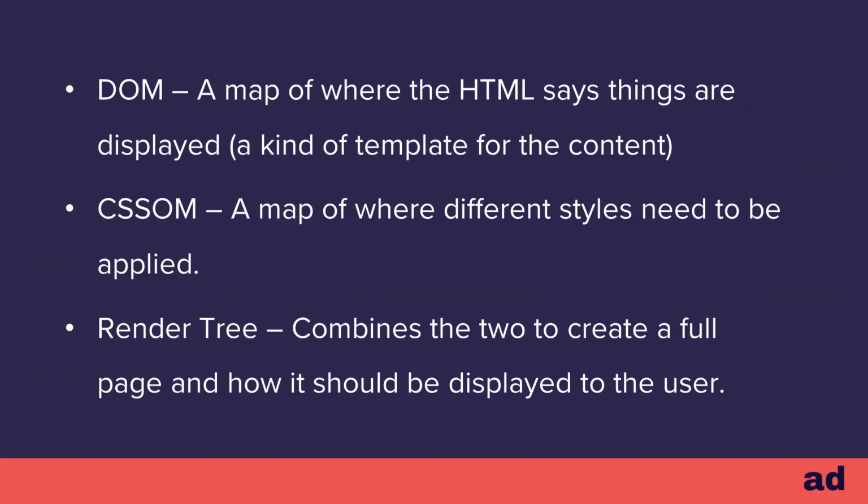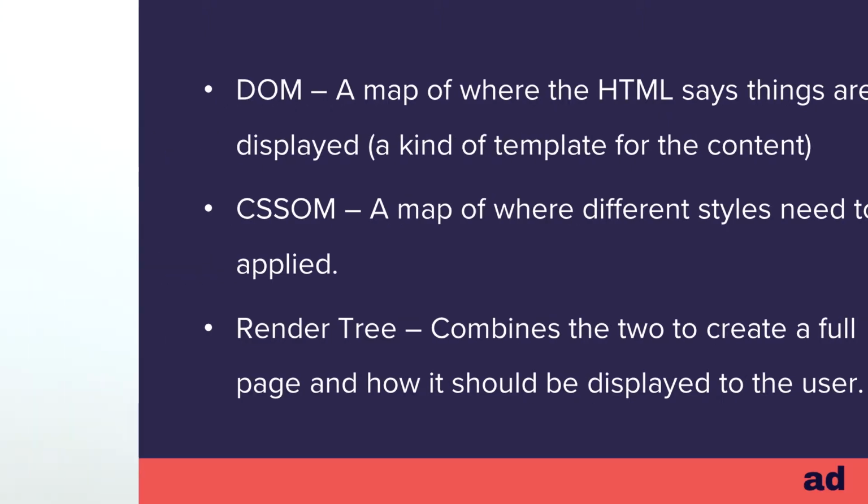The DOM is basically a map of where the HTML text says things are displayed on a page. By building this, it is a little like building the template for where content will go. The CSSOM is a map of where different styles should be applied, and the render tree combines the two to create the full map of how the entire page will be laid out and displayed to the user.